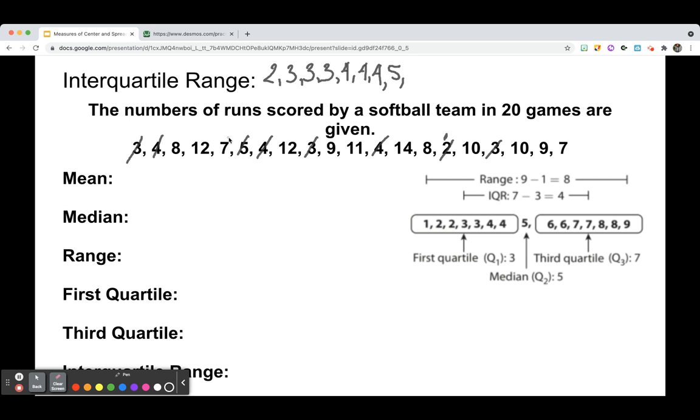No sixes, but I have 2 sevens, 2 eights, 2 nines, 2 tens, an 11, and 2 12s, and a 14.